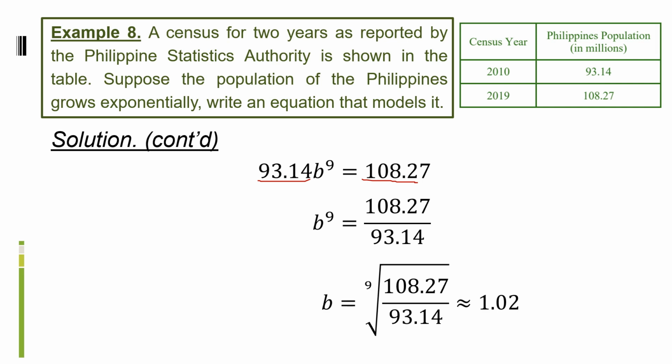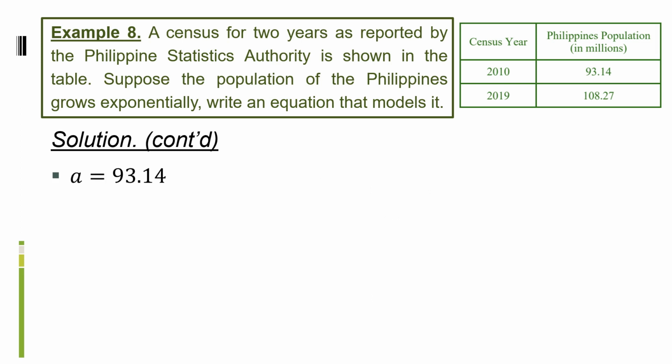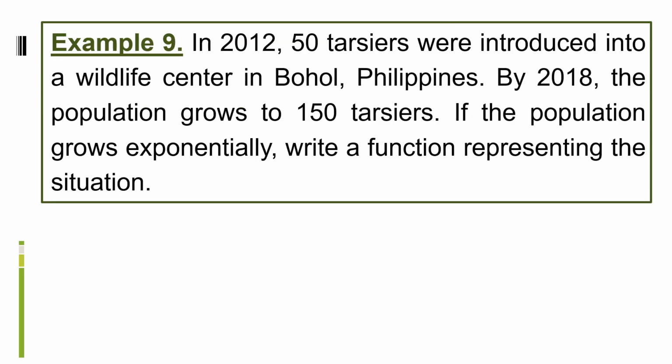Then taking the ninth root, b is approximately equal to 1.02. So since we know that a is 93.14 and b is equal to 1.02, we can now write the equation as P of t is equal to 93.14 times 1.02 raised to t.